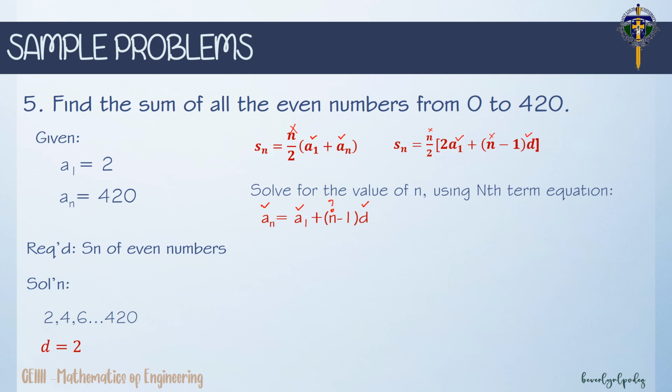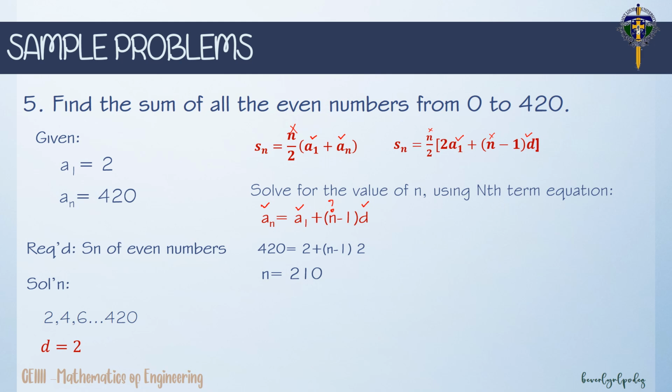So let us now substitute. Our last term 420 is equal to the first term, which is 2, plus n minus 1 multiplied by the common difference, which is 2. So from here, n is equal to 210.